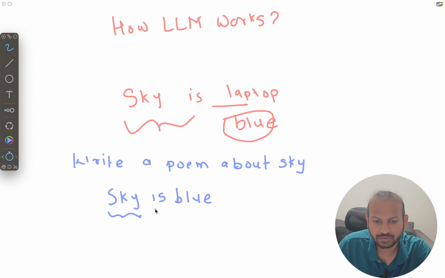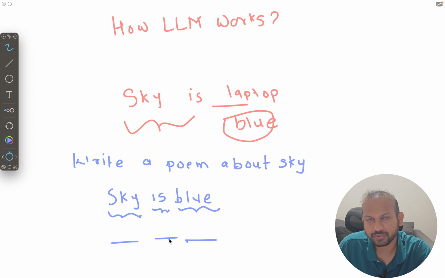So it starts with sky, then it may produce the next word which is "is", and the next word is "blue", and it may keep filling the next sentences as well. So it will produce one output at a time.